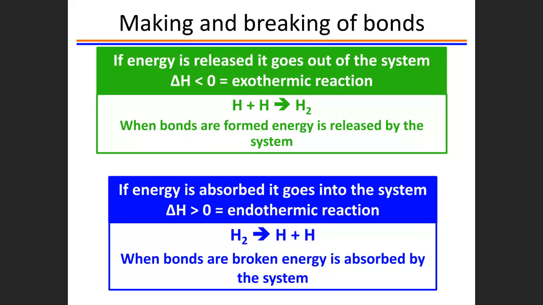If energy is released, making and breaking bonds, let's see what we have. If energy is released, it goes out of the system, then we know this is an exothermic reaction. So in the case of an exothermic reaction, energy is always released from the system. This is the example. In the case of endothermic, energy is absorbed.